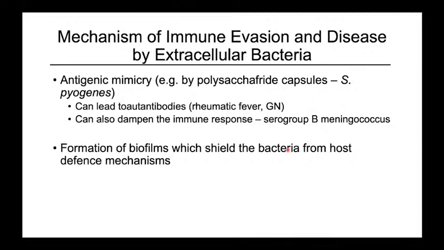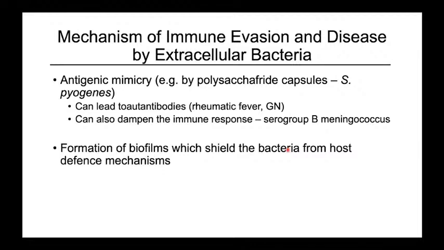The other thing that can occur, you can get antigenic mimicry. We know antigenic mimicry can lead to autoantibody formation, and that would cause immune pathology from that infection, but it can also dampen the immune response, okay? Because these molecules will be recognized as self, if there's proper tolerance, you don't get an immune response against the pathogen.